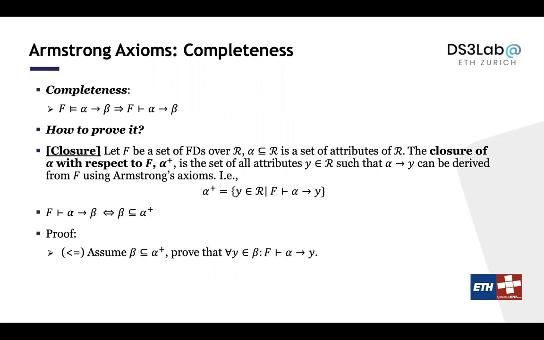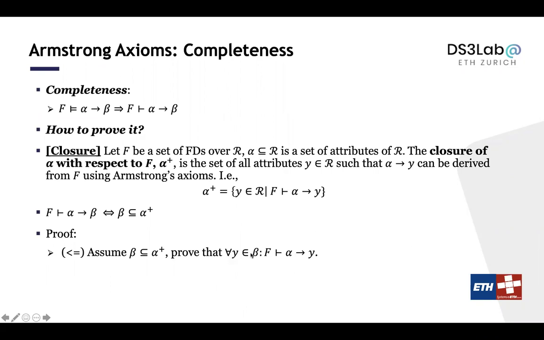On the other hand, it's a little bit tricky. Assuming you have beta as a subset of the closure of alpha, we want to prove that for any attribute in beta, you can derive the functional dependency from alpha to that attribute.